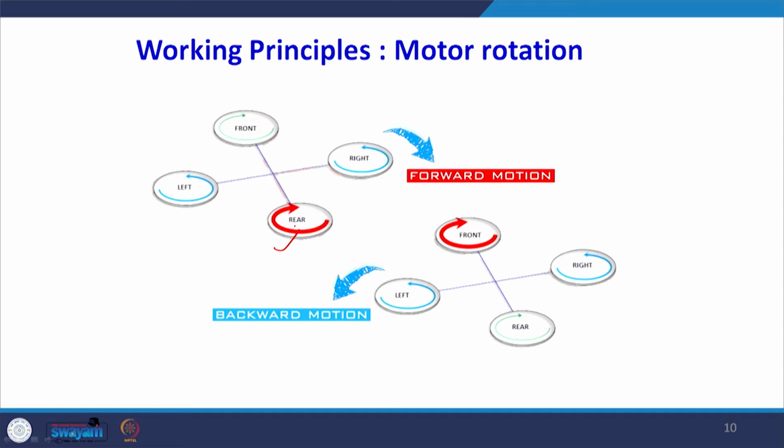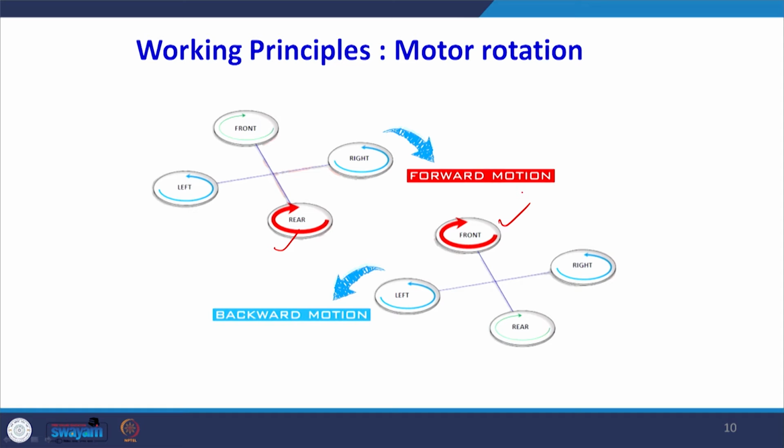But if you want to move in the backward direction, then the front wing will move in the clockwise direction. So, which one is moving in the clockwise direction depends upon whether you want it to go in the forward direction or the backward direction.